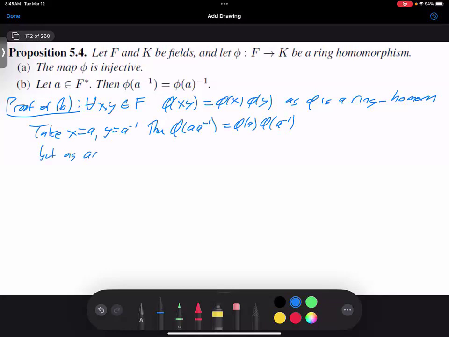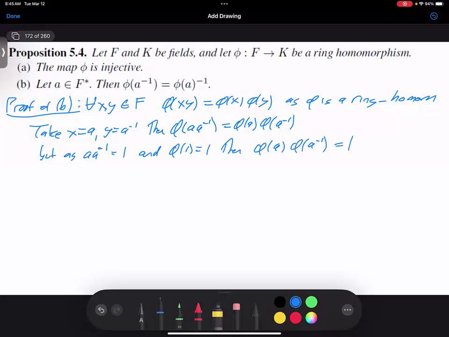But as A times A inverse is the identity, and phi of 1 equals 1, then phi of A times phi of A inverse equals 1. Now, at this point, I can be a little bit more pedantic if I want.